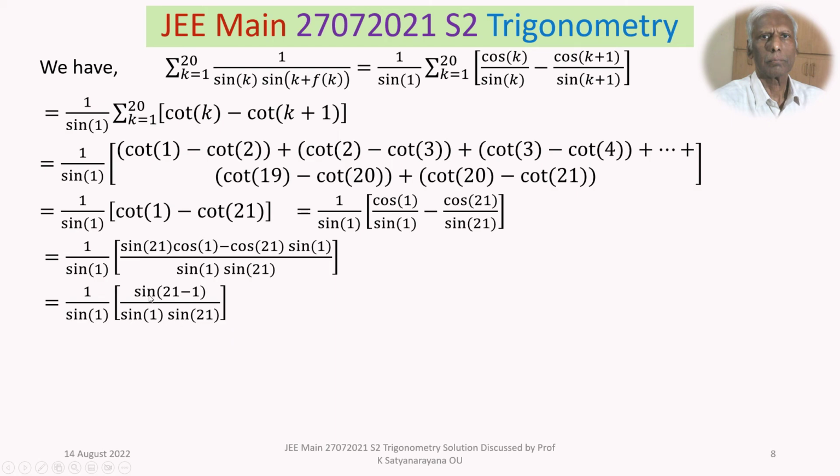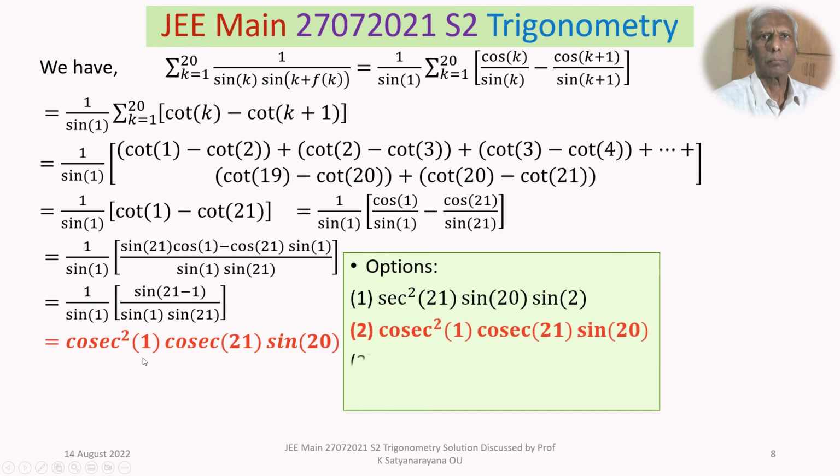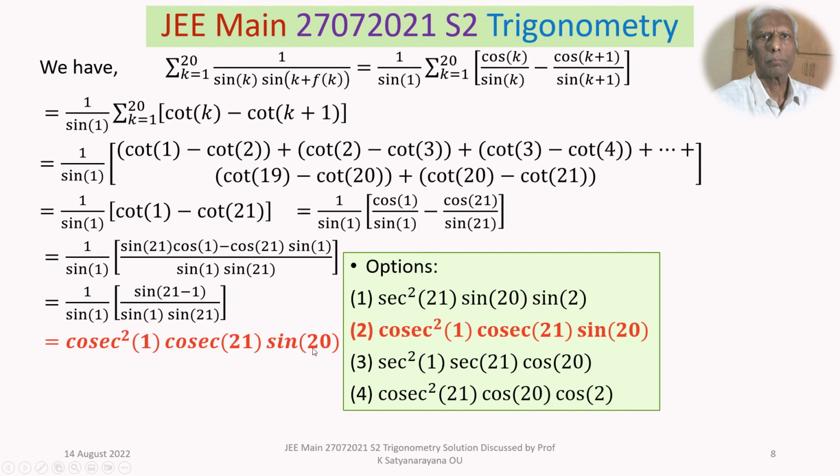So the answer is cosecant square 1, cosecant 21 into sin 20. Let's look at the options. In these options, our answer cosecant square 1 into cosecant 21 sin 20 appears against option 2. Therefore, our answer is option 2.